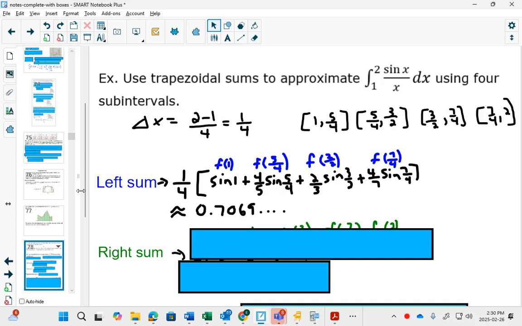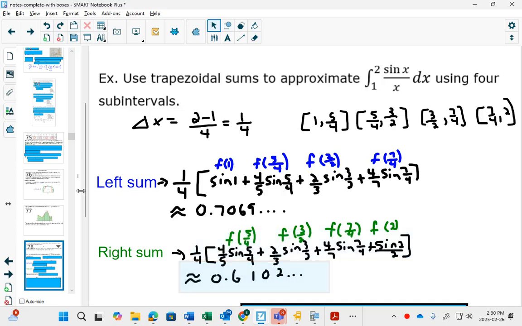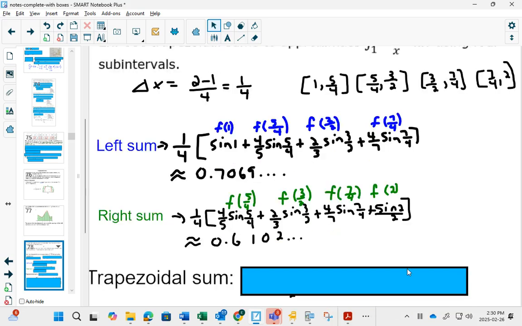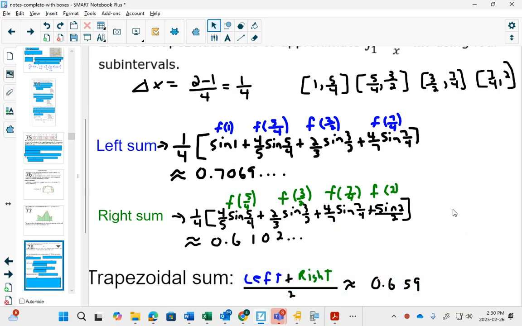Save yourself time on calculating, and I'll do the same thing, show you the right sums as well. So if you just average those 2, you would get your trapezoid sum.